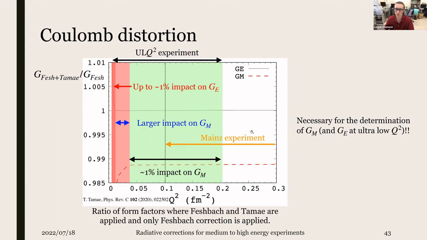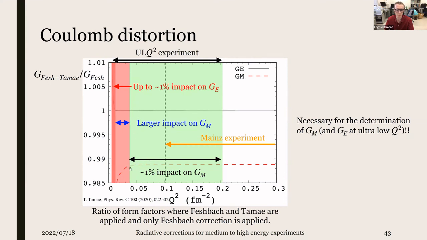So it could be interesting to redo the Rosenbluth separation of Mainz data using this correction, as it has an impact on the magnetic form factor, and it may change the proton magnetic radius. In his case, it has an impact of about 1% on the magnetic radius.